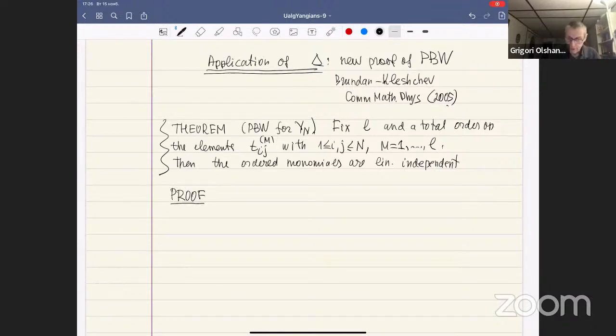The proof goes as follows. Let me recall that we have a truncation homomorphism, an algebra homomorphism, which is defined as follows. On the first level generators, we get the matrix units, and the remaining generators are killed.